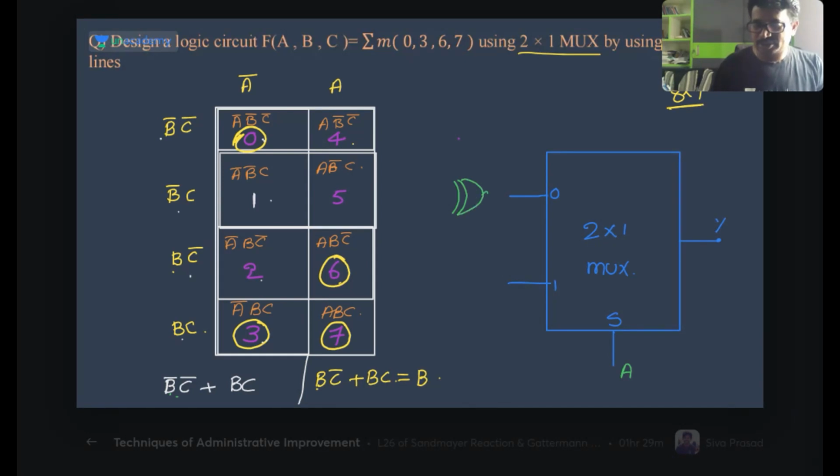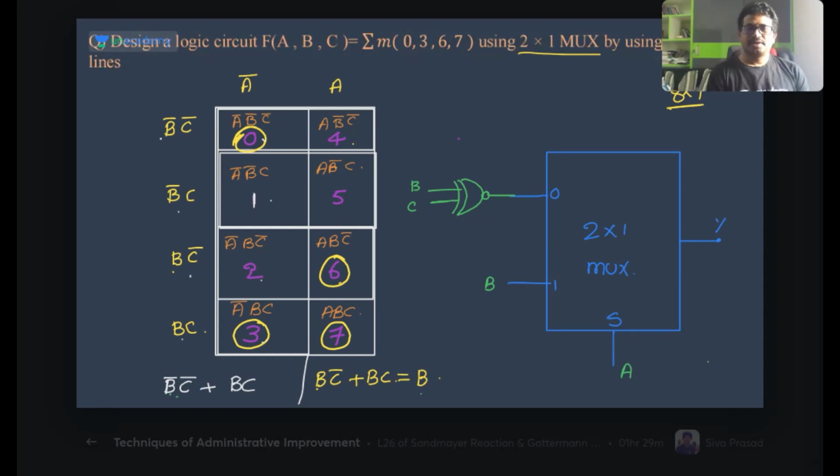So I am taking an XNOR gate with inputs B and C, and this one is connected to B. Then we will get the above expressions. Like this, we will do this.